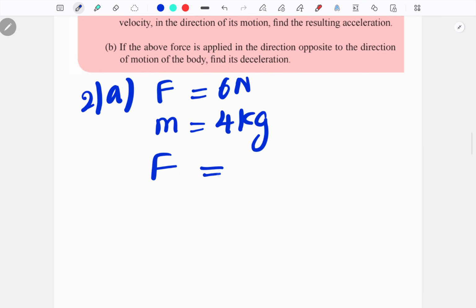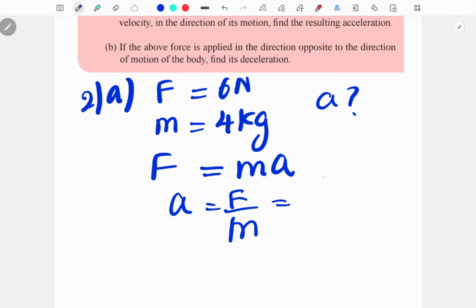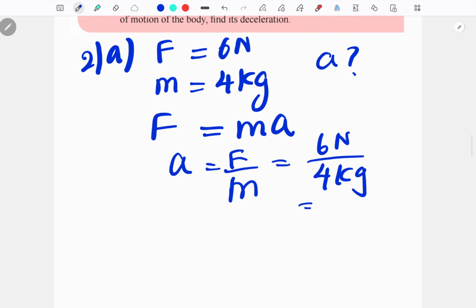Same equation, right? Asking about the acceleration. F equal ma, a equal what? F over m. Then F is 6 Newton, mass 4 kg, 3 over 2, 1.5 meters per square second.